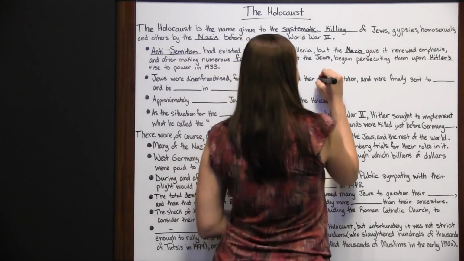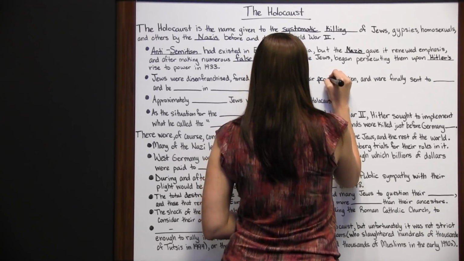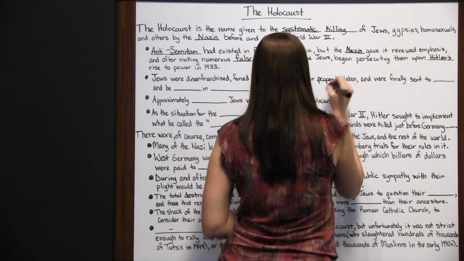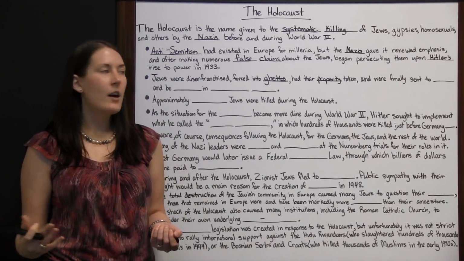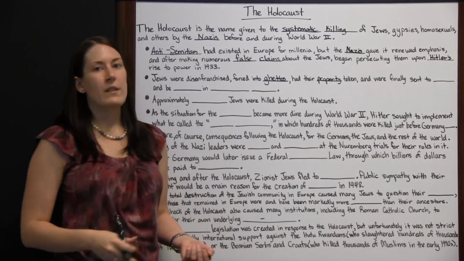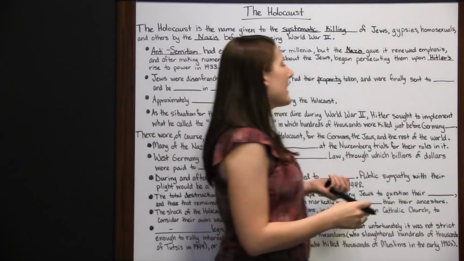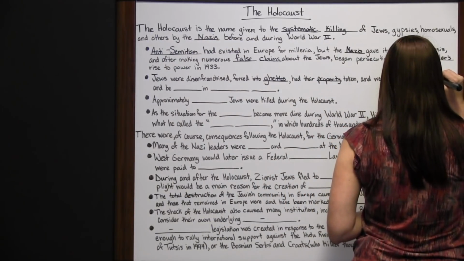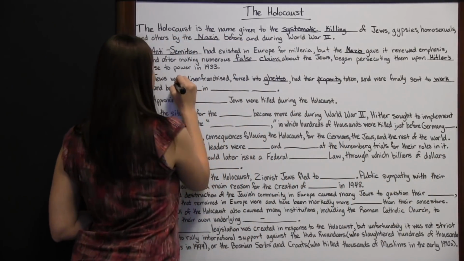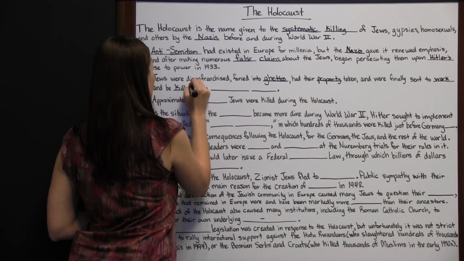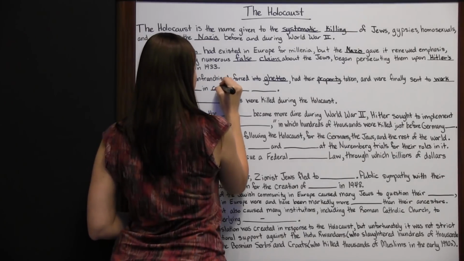They had their property taken away, so if they were living in one home, they may have been forced to leave that home, give up all their possessions in that home, and move into one of these ghettos. And they were finally sent to work and then be killed in concentration camps.